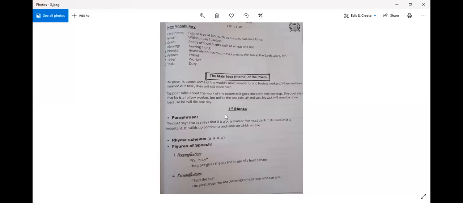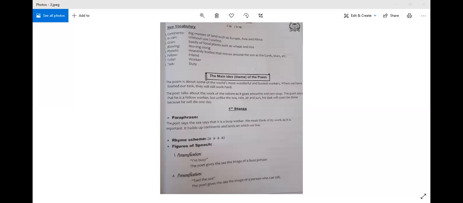So guys, as you can see here, we have stanza number 1. Stanza number 1, if you remember, it was talking about the sea. Okay, stanza number 1, I'm busy, said the sea. I'm busy, think of me, guys.